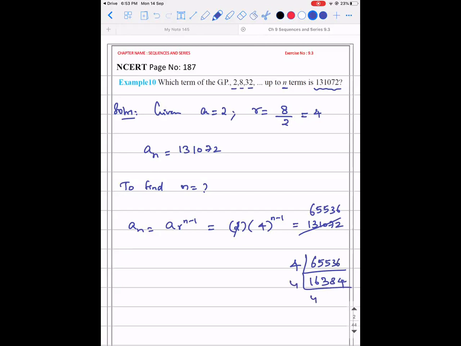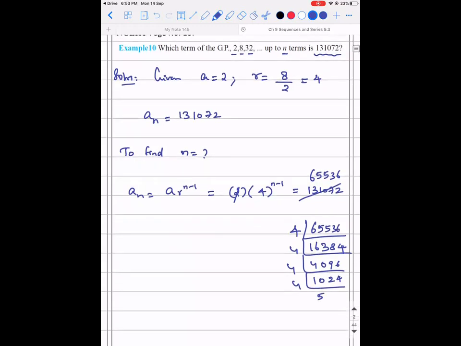So again dividing with 4, 4096. Again dividing with 4, 1024. Again dividing with 4, what do you get? 256. Then 64, 16, 4.